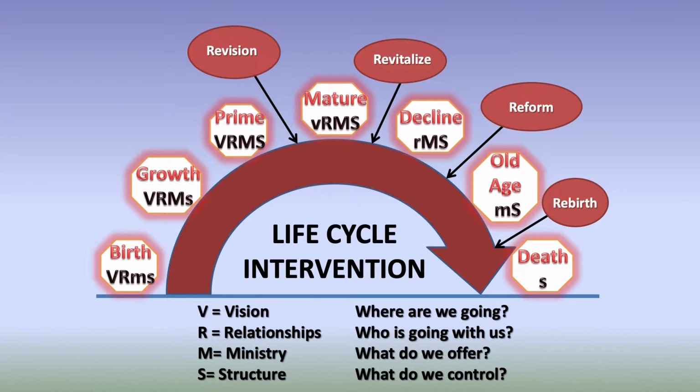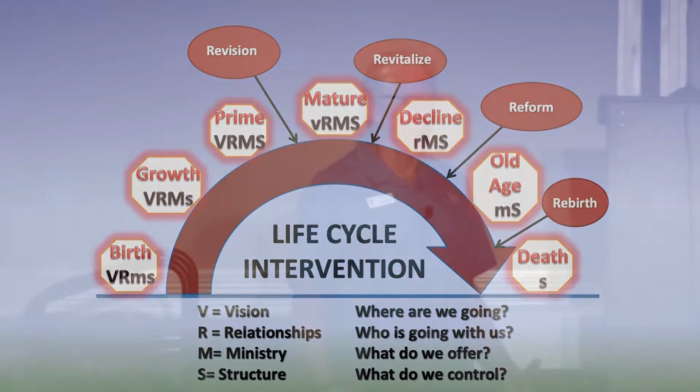Then revitalization is happening at this point. A lot of times we think that's much further down the line, but it's not. I'll define some of these things in a second. And then reform is here. And then down here, you're really talking about rebirth or some sort of radical change. Because if you're at that point, you're basically loving in the midst of hospice care.